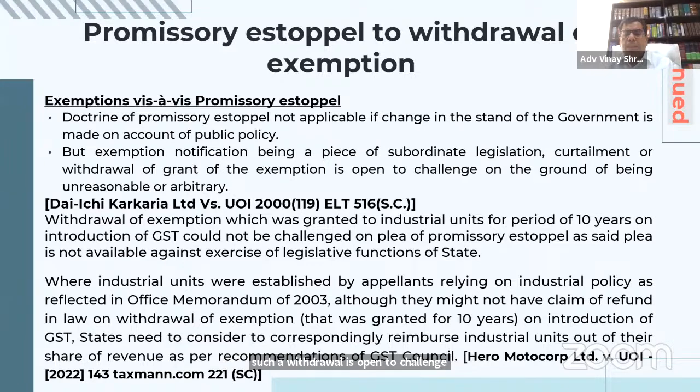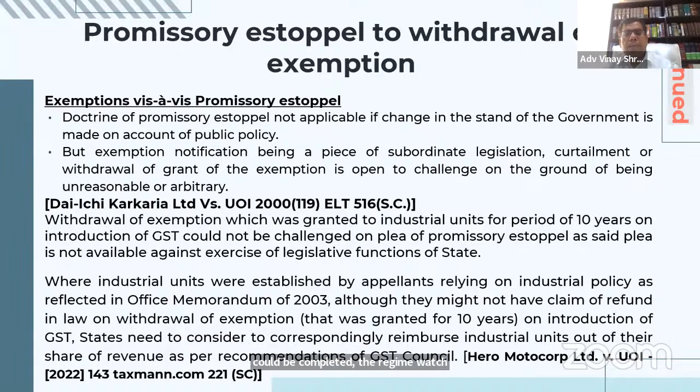Now, in a very recent judgment of the Honorable Supreme Court in Hero Motorcorp versus Union of India, the exemption which was granted to an industrial unit for 10 years was withdrawn. But before those 10 years could be completed, the erstwhile indirect tax regime was repealed and GST came into force.